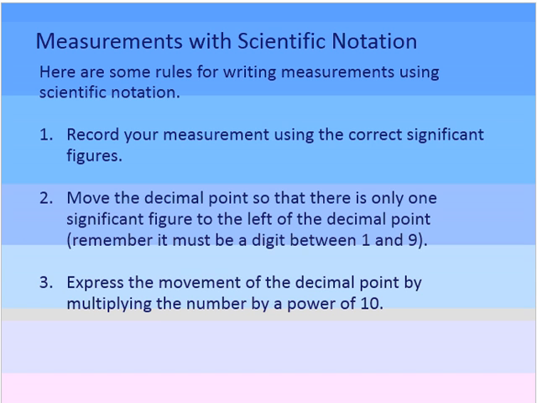So now, how do we start recording measurements in scientific notation? Not always does our tool match how we want to report our measurement. So sometimes we have to watch how we record and then represent our information using scientific notation. So you always still record your measurement with the correct number of significant figures. Again, this is going to depend on your tool.